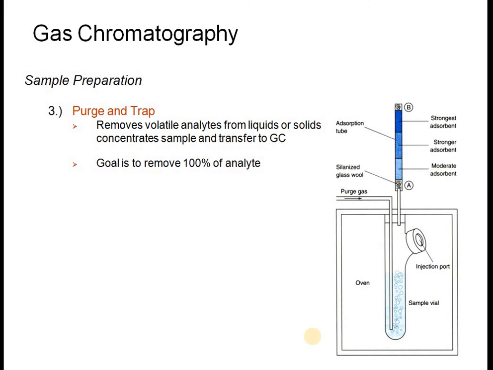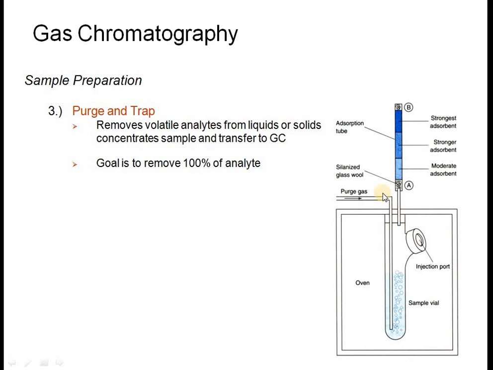Purge and trap removes volatile analytes from liquids or solids, concentrates the sample, and transfers it to the gas chromatograph. The goal is to remove 100% of analytes. This is the adsorption tube: strongest adsorbent, stronger adsorbent, moderate adsorbent, and silanized glass wool.